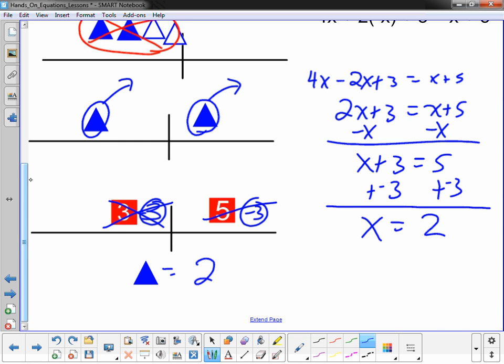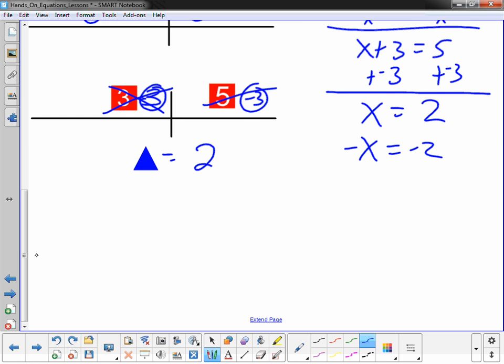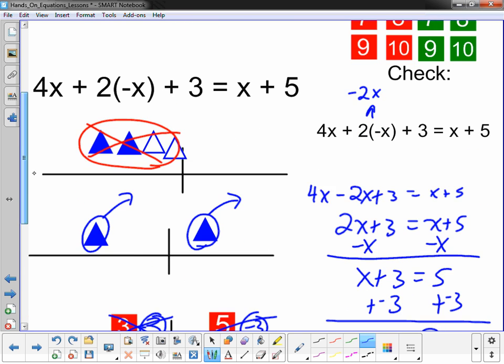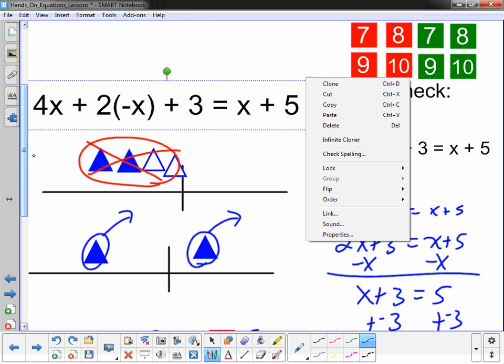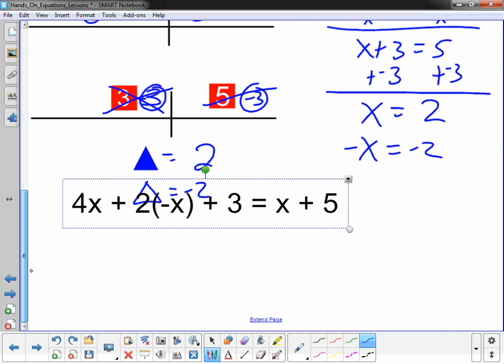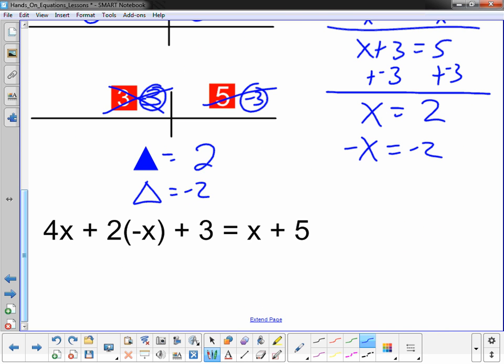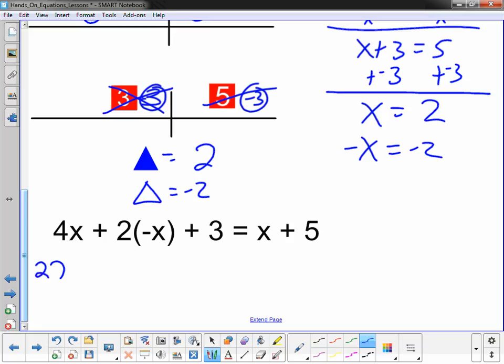Now let's go back and check it. Because we had a negative x here, x equals 2 would mean that the opposite of x equals negative 2. So let's go back to the original problem, and we had 4x, so that was a 2, a 2, a 2, a 2 added together, plus the negative x's, a negative 2 and a negative 2, plus 3, and then I have a 2 plus a 5 on this side.